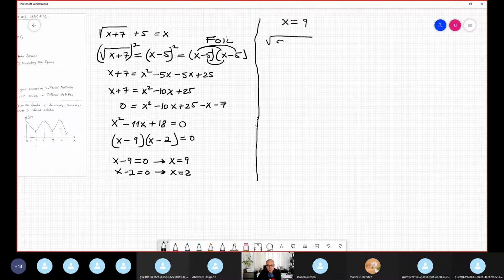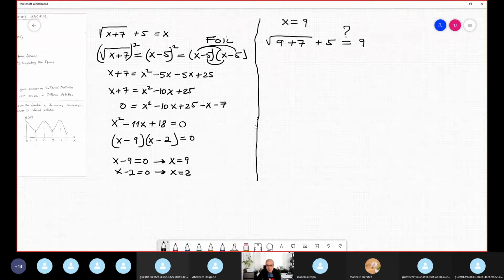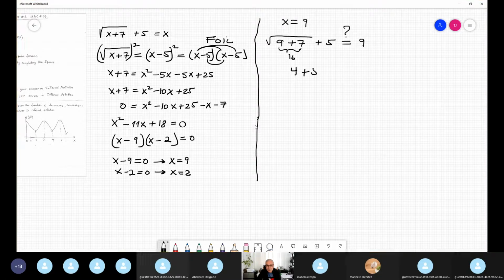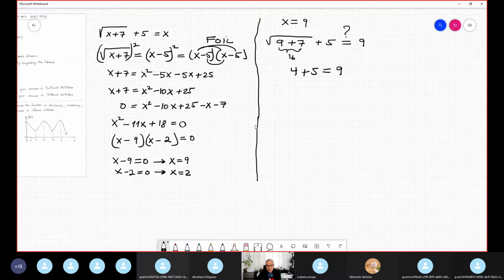Square root of 9 plus 7, plus 5 should be equal to 9. I claim this statement because I'm not sure if it's true or false. 9 plus 7 is 16. And the square root of 16 is 4. And 4 plus 5 is 9. Yes. It's completely true. And the solution 9 is good.